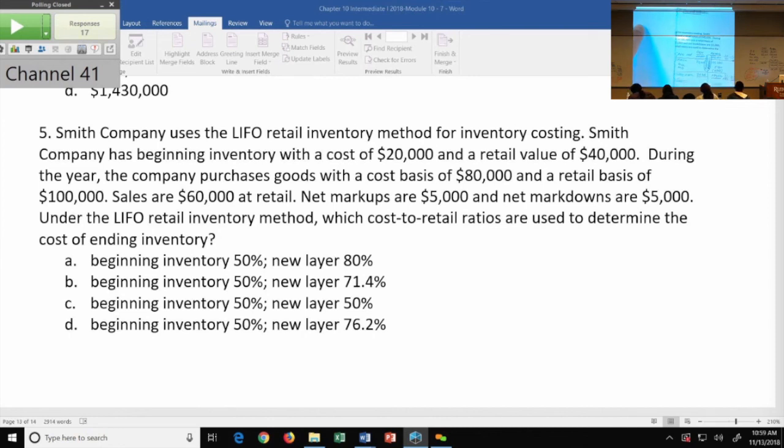And the ending inventory, and sales were 60. We didn't need that. All right, so any questions on this one?